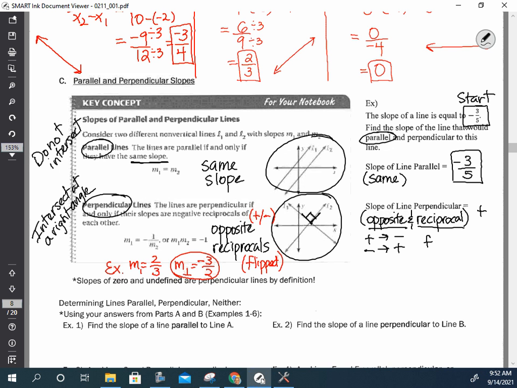Reciprocal means flip it over. So instead of 3/5, you have 5/3. So that's all parallel and perpendicular are. Once you know what to do, it's very easy to apply it.